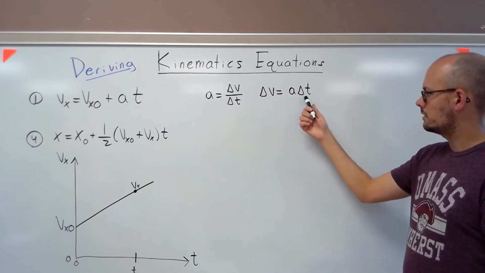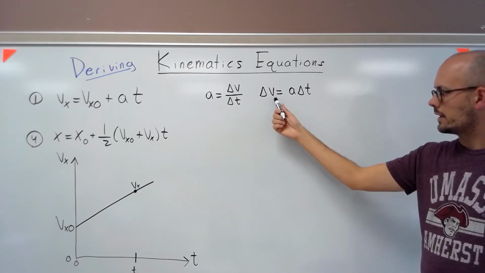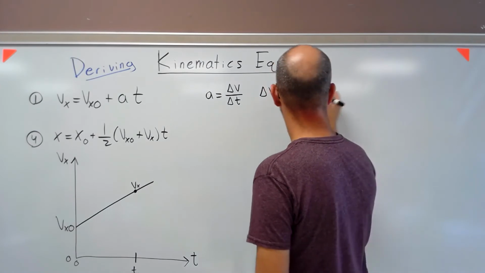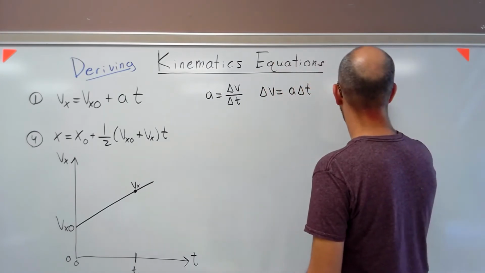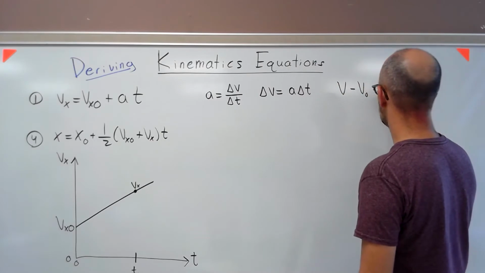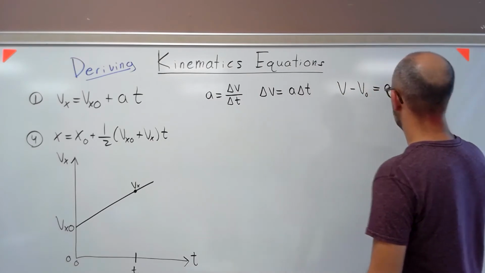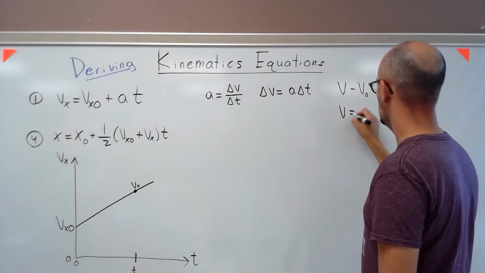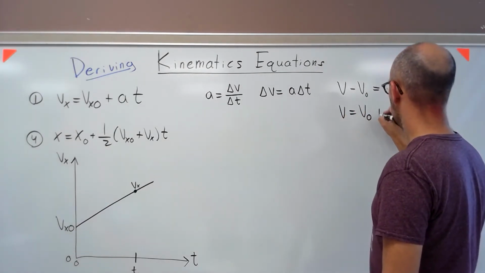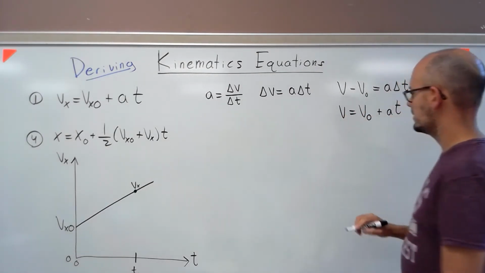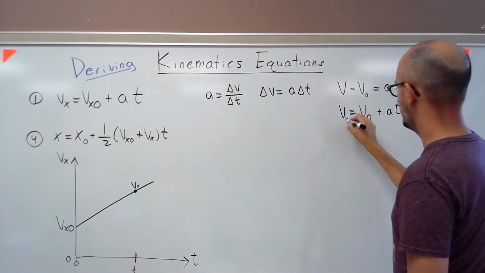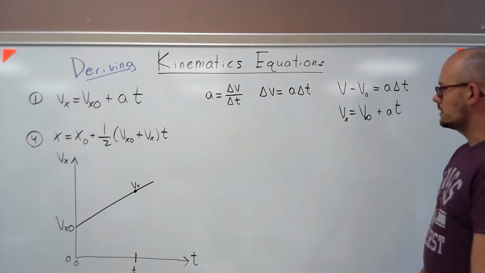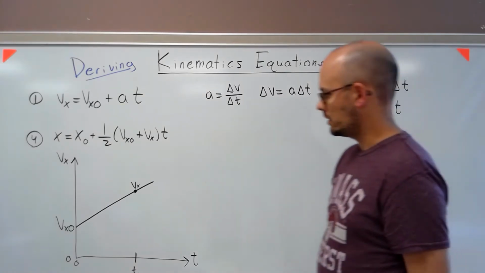I don't have to really do anything with the time, but what I can do with the velocity is say that the change in velocity is v minus v naught, and that's equal to a times delta t. A quick rearrangement gives v equals v naught plus a times time. Then I can put in my x subscripts if it's in the x direction, or the y subscripts if it's in the y direction. So that's just one way to do it.